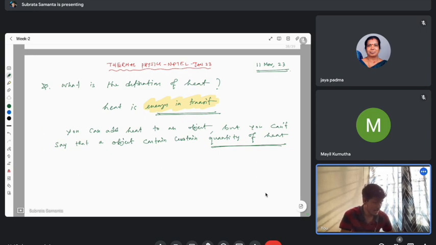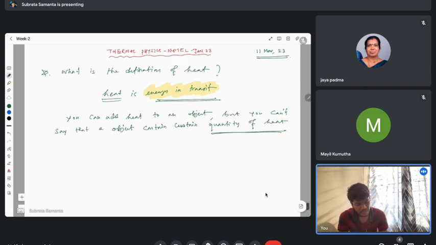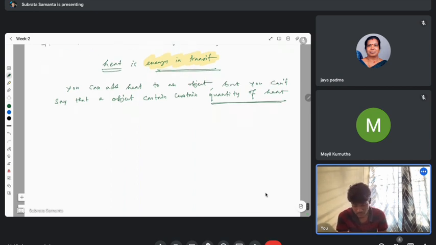So you can add energy to the system in different ways, either by adding heat or by doing some work. When we discuss the first law of thermodynamics, this picture will become clearer. So this is the first concept, what is heat, and the second is heat capacity.